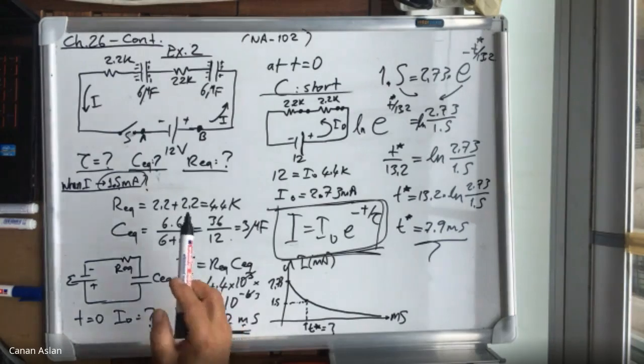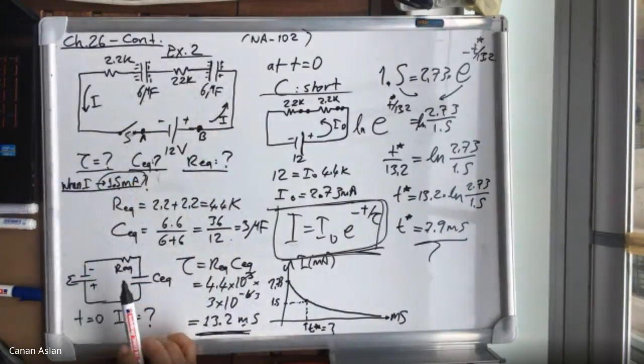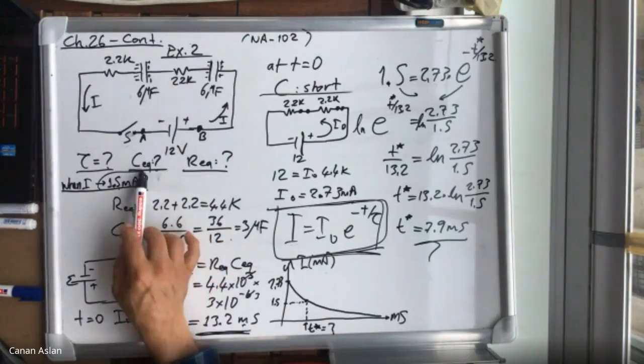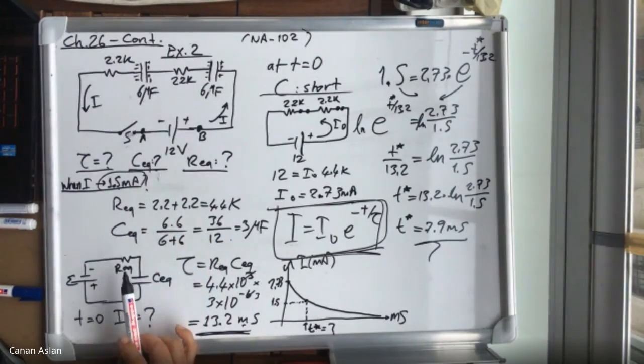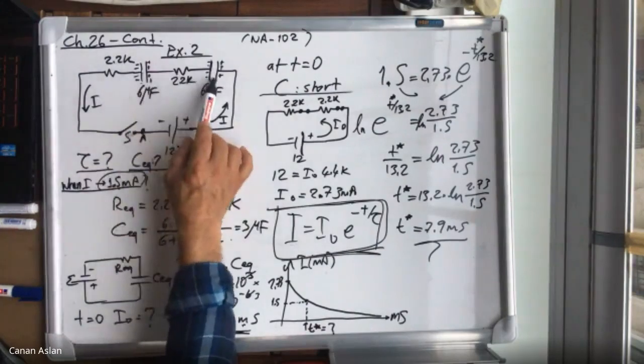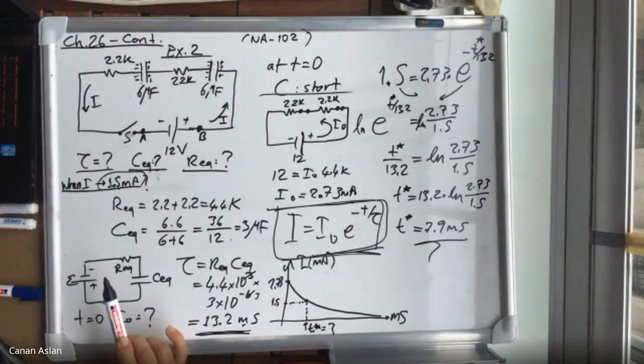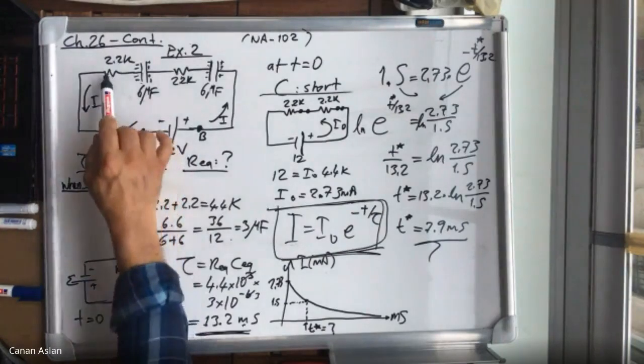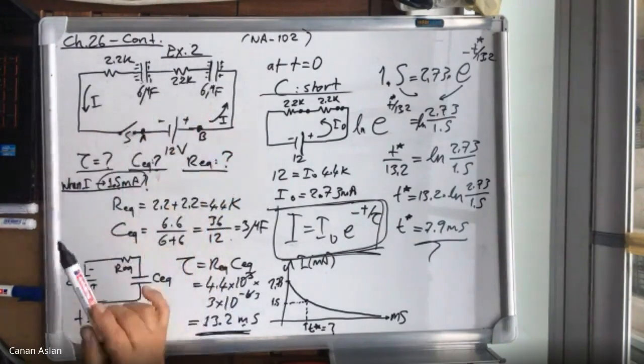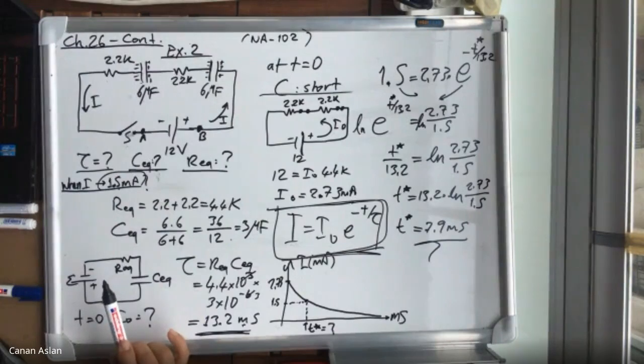Don't forget, when you have this kind of combination, a few resistors and a few capacitors, to get the equivalent resistance and equivalent capacitance, you have to be careful with the connections: serial connection for the resistances, where it's just the sum of the two, but for the capacitors in series, the inverses are added and it's reversed.